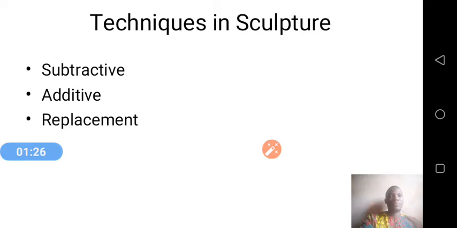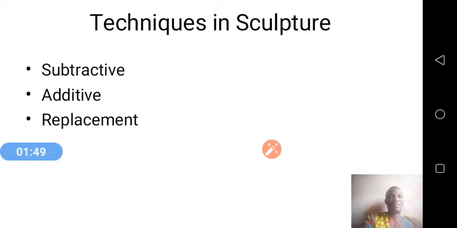For example, carving is an example of subtractive technique in sculpture. To carry out production of art forms through carving, one has to chip off bits and pieces of the mass of material you are using for your carving, be it stone or wood.